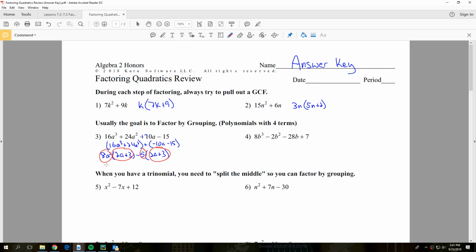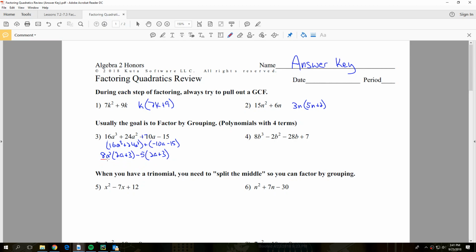It would be kind of like saying you have x times y minus z times y. Well, what do these have in common? They have y in common. So we would pull out a y up front, and you'd end up with y times x minus z. Well, we're going to do the exact same thing, except we're going to pull out this whole chunk, this 2a plus 3.